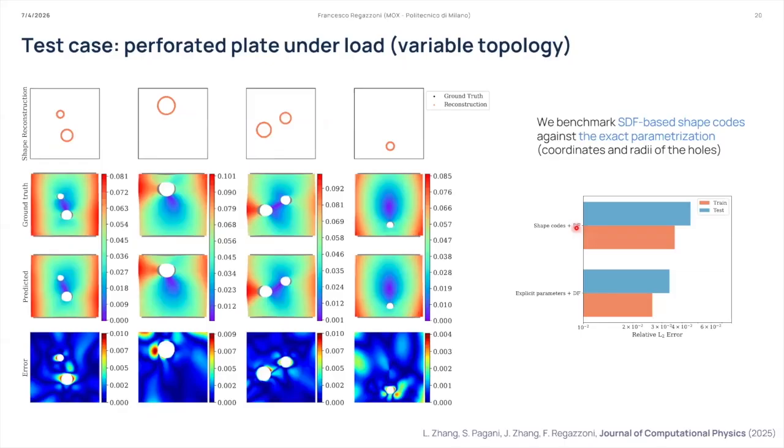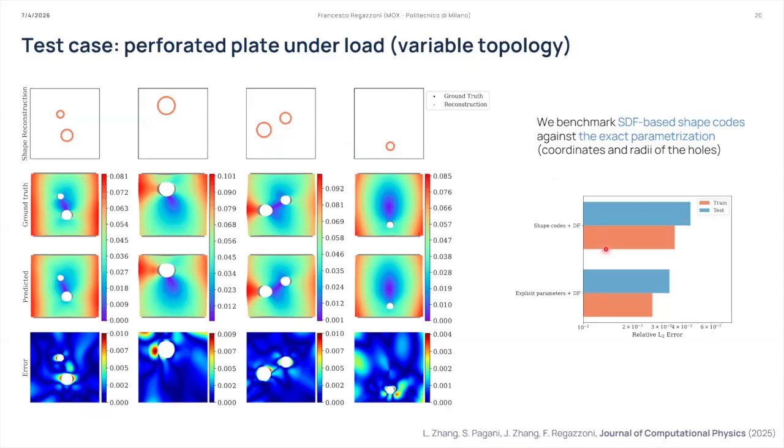And this is instead a different test case. So a perforated plate where we apply traction loads. These are elastic, and we would like to predict the deformation field. And here the test case is interesting because we also have variation in topology because we change the number of holes.